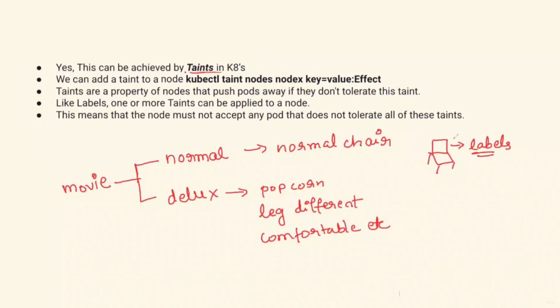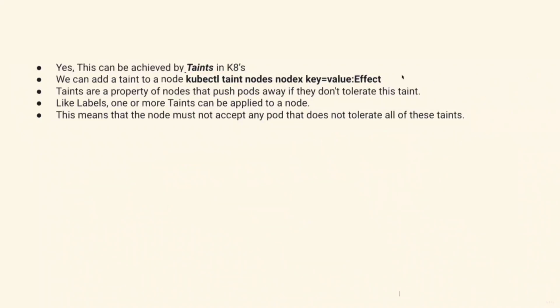Similar way, like I just explained to you this concept of the movie theater, in Kubernetes, let us say that we have a Kubernetes cluster, and this cluster has machines or nodes. We have 3 nodes here, node 1, node 2, and node 3.